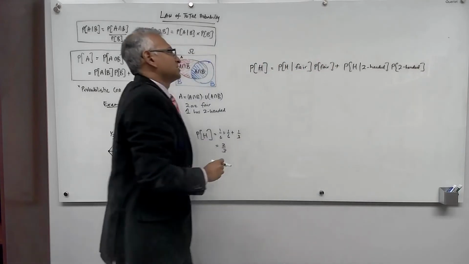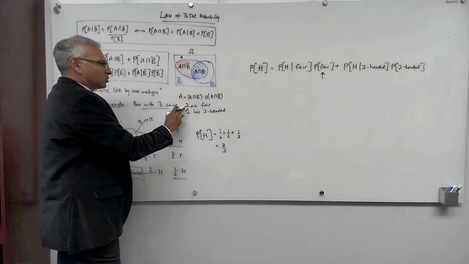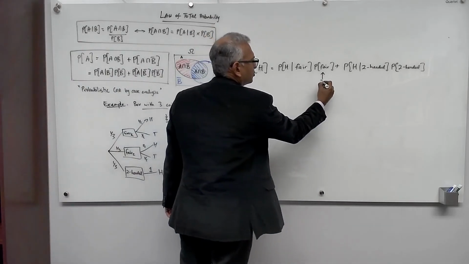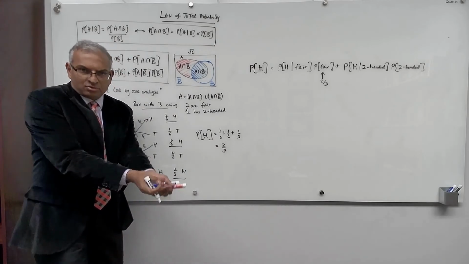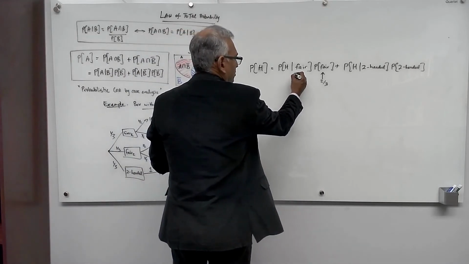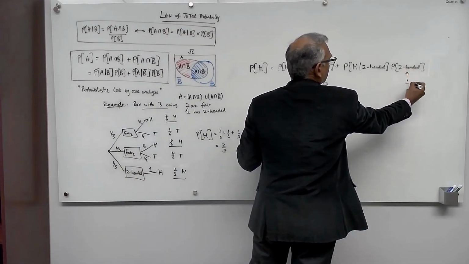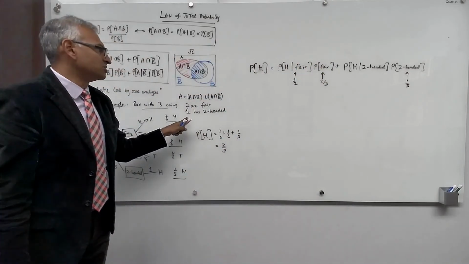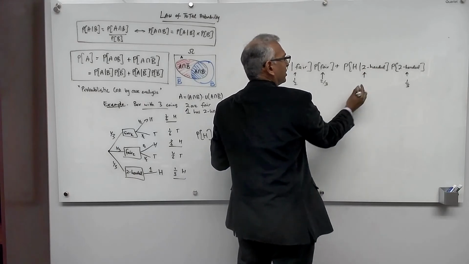Now let's see if we can compute these things. Since 2 coins out of 3 are fair, the probability that you pick a fair coin is 2/3. The probability of getting a head, given that the coin is fair, we know, is 1/2. The probability of the 2-headed coin is 1/3, because 1 of the 3 coins is 2-headed, and the probability of getting heads with the 2-headed coin is just 1.